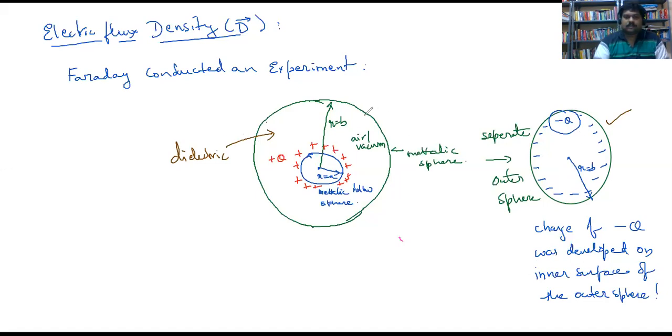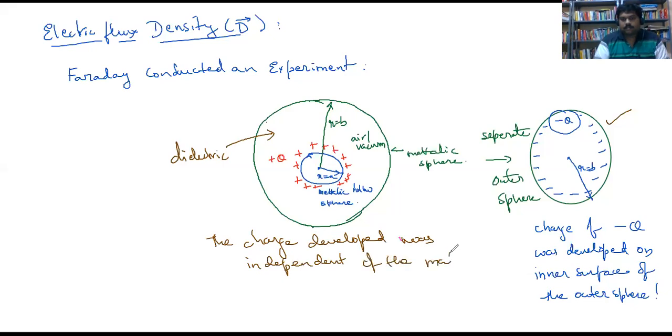Okay, so I'll write a small sentence. The charge developed was independent of the material between the spheres.